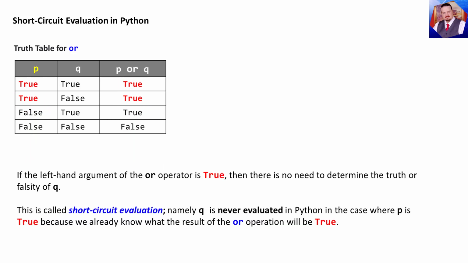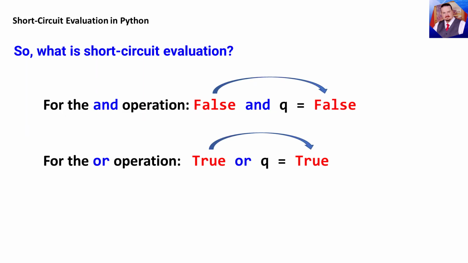So in this case, the OR operator short circuits the evaluation of Q. It doesn't actually compute the status of Q. It does not determine whether Q is true or false, because there's no need. So it's very efficient in this way. Short circuit evaluation is a technique where the second argument, the right-hand factor, is only evaluated, and that's the key here, only evaluated if the left-hand argument didn't determine the result. That is short circuit evaluation, and of course it applies to both the AND and OR functions in Python, or any other language which supports that technique.